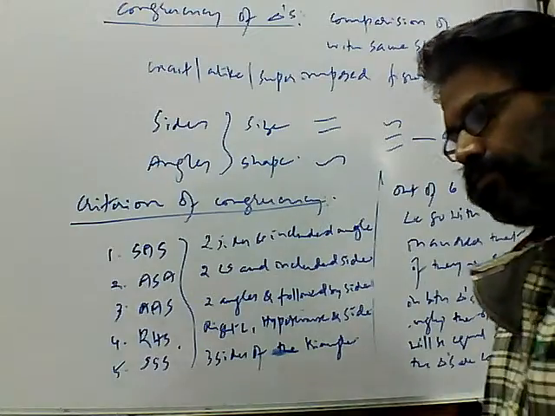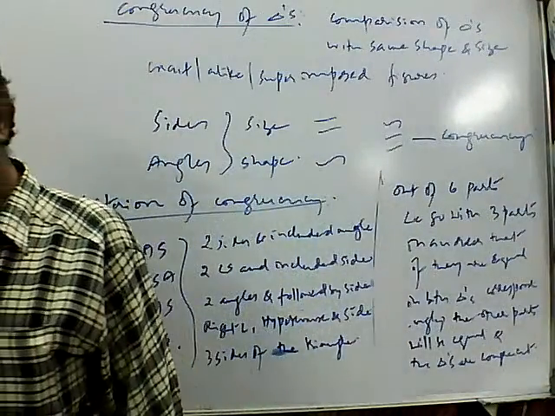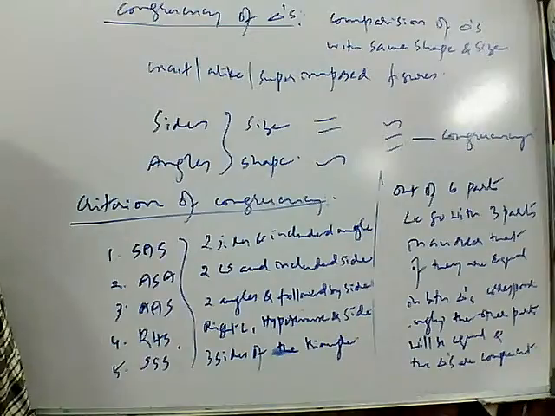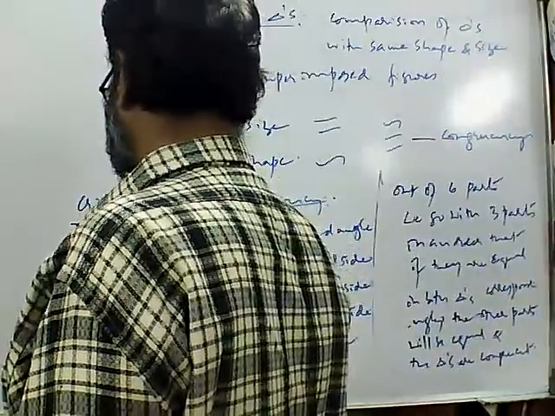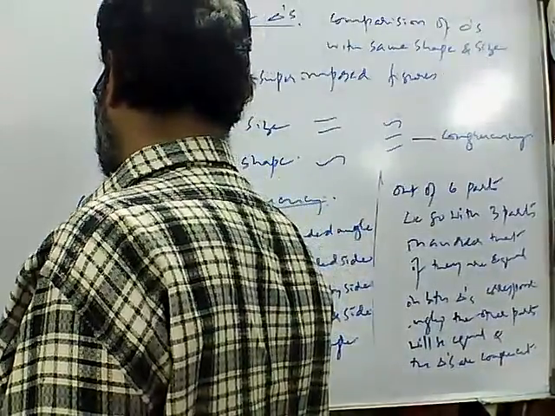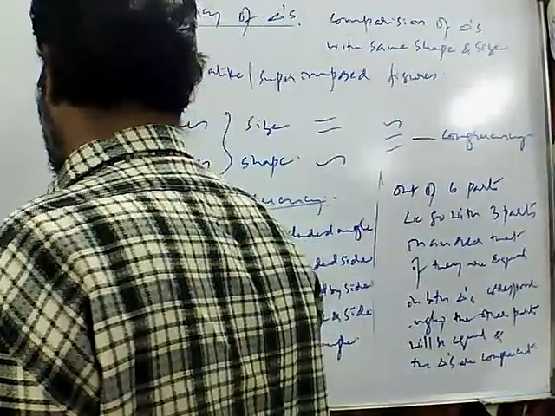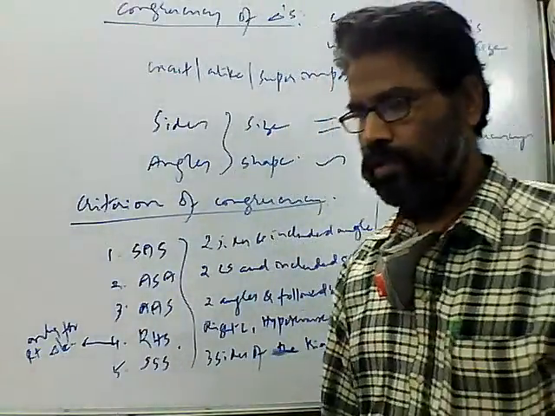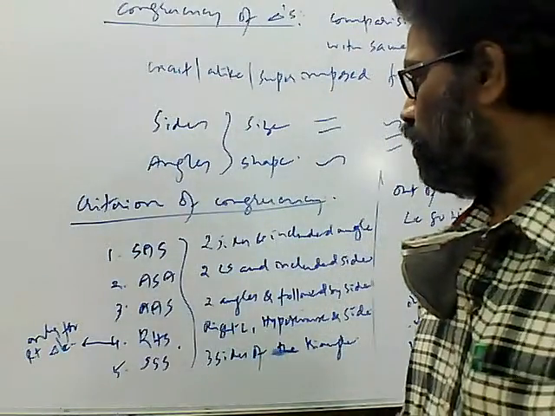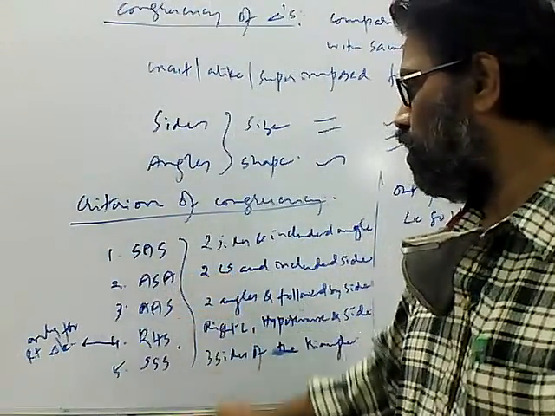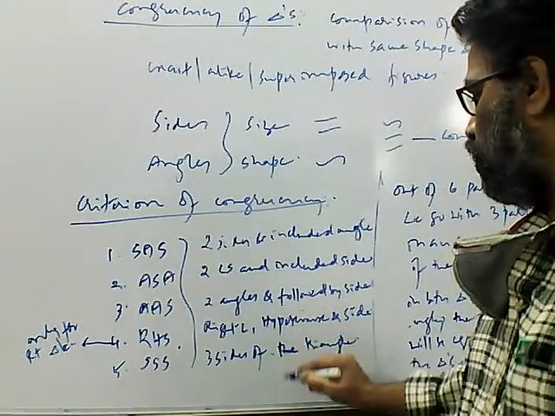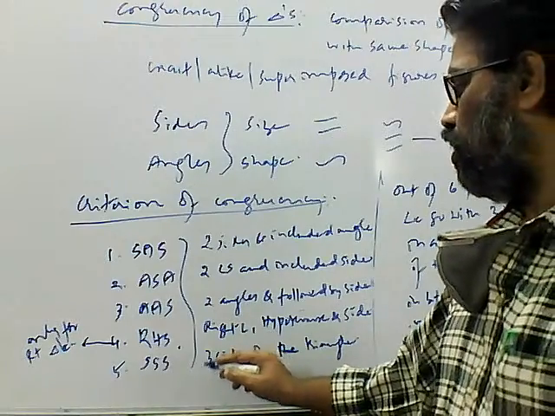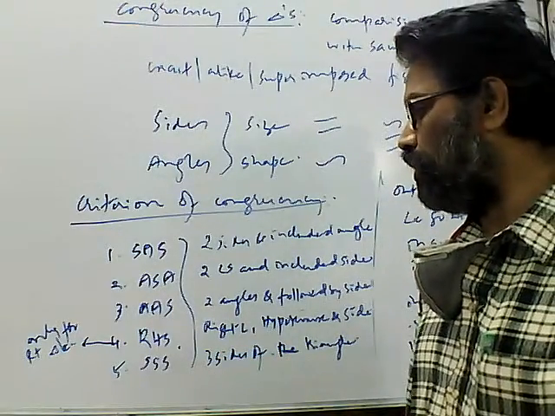Note this congruency criteria. RHS is exclusively for right angle triangles, only for right triangles.